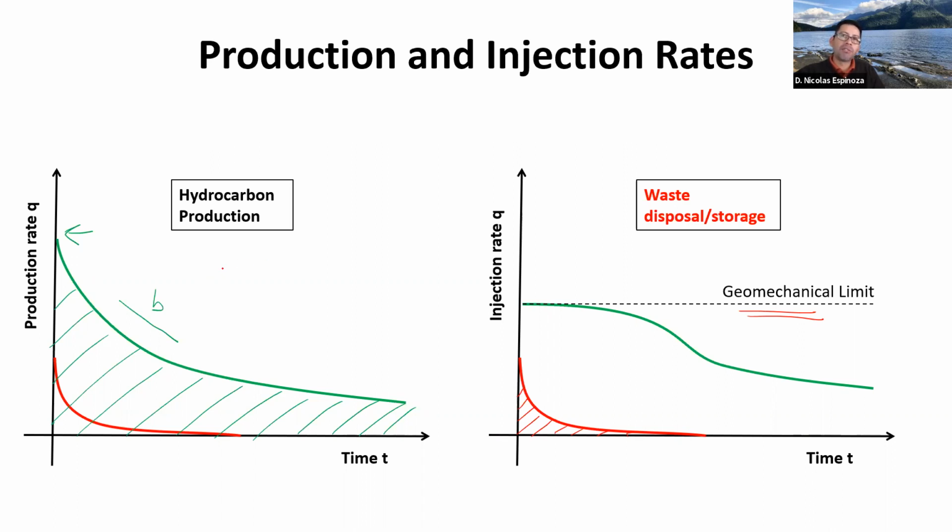Probably you might have a little bit of sand production if you pull too hard, if you lower the bottom hole pressure too much, but many times if the rock is competent, you can just pull as hard as you want and then just increase the production rate as much as you want to get your investment back sooner, right? But for injection, we need to be more careful with this.